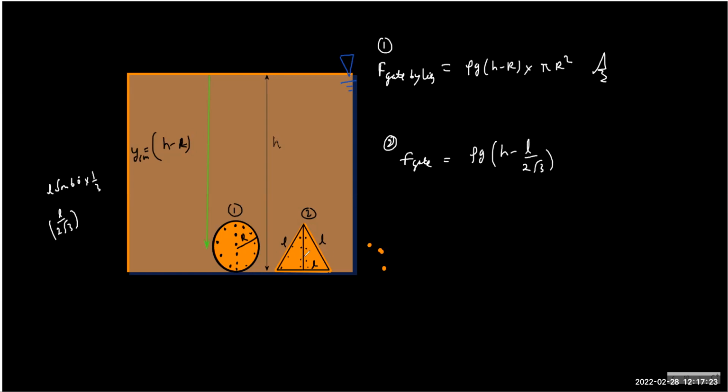So center of mass is at the centroid, and the centroid is 1/3 of the vertical height, correct? Yes. And the vertical height is L sin 60. So this is the pressure at the centroid, and into the area, which is root 3 by 4 L square. So you can see that method 2 is really powerful, which helps in solving any problem, and that's interesting.